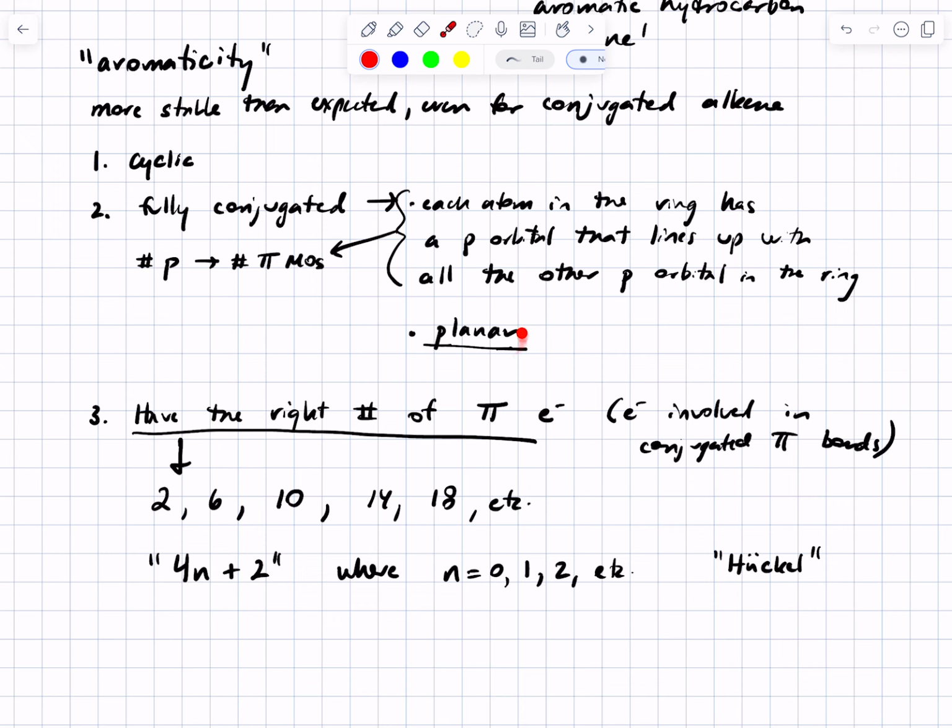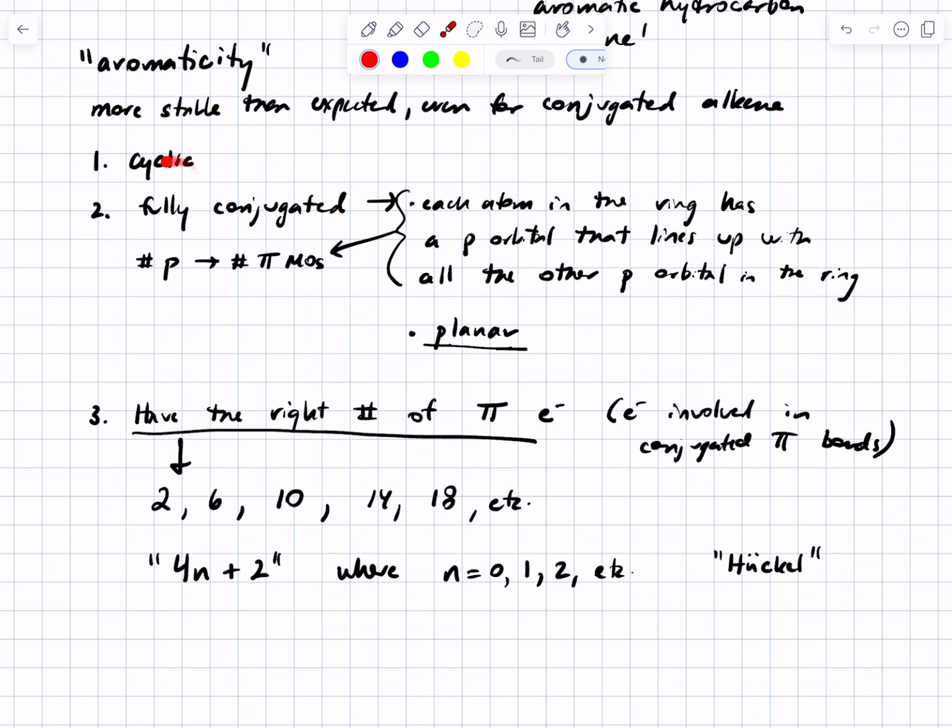This requirement that the ring be planar is a true requirement. It's not necessarily that useful as a decision point. In other words, with one exception in the textbook, and I can't actually think of any other examples off the top of my head, you're not going to find a molecule that checks all the other boxes but miraculously isn't planar and therefore isn't aromatic. There may be some other elaborate molecules people build when they're trying to push boundaries and test the limits of various rules.